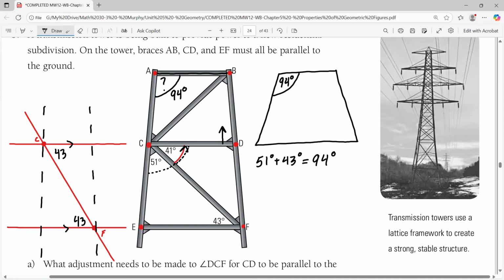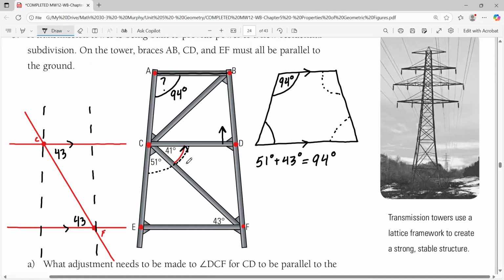This is just a smaller version of the one below. And this is probably an isosceles trapezoid, so these two are parallel. If that is the case, then this angle is also equal to this one, and this angle would be equal to this one.